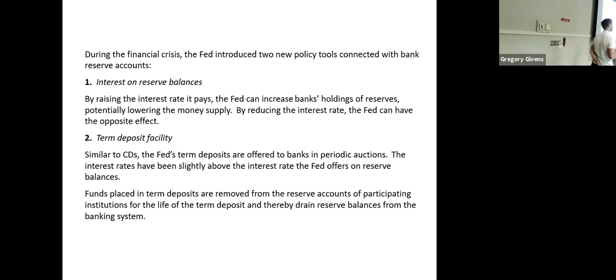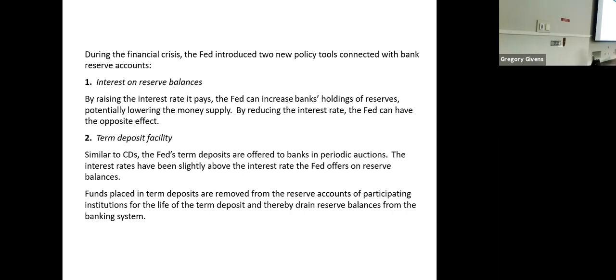Now, how is it that the Fed can influence the quantity of reserves in the banking system through this term deposit facility? Well, not to get too technical, but essentially what happens here is if a bank buys one of these term deposits, it places its funds in a term deposit.